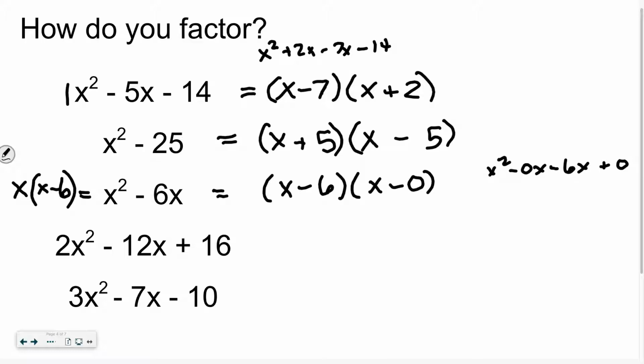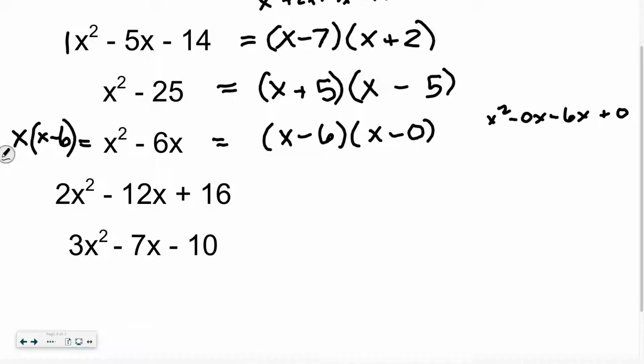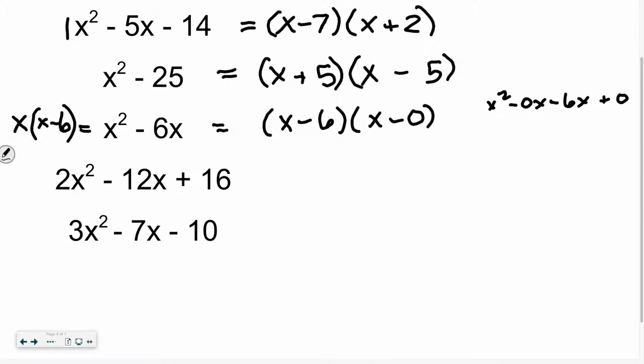Okay, what did you guys do for 2x squared minus 12x plus 16? Well, they all have a factor of 2, so you can put 2 on the outside. Excellent. It's just like what I did with the x squared minus 6x. If you notice they have a common factor, take it out. What's the benefit of taking out the 2 right away?